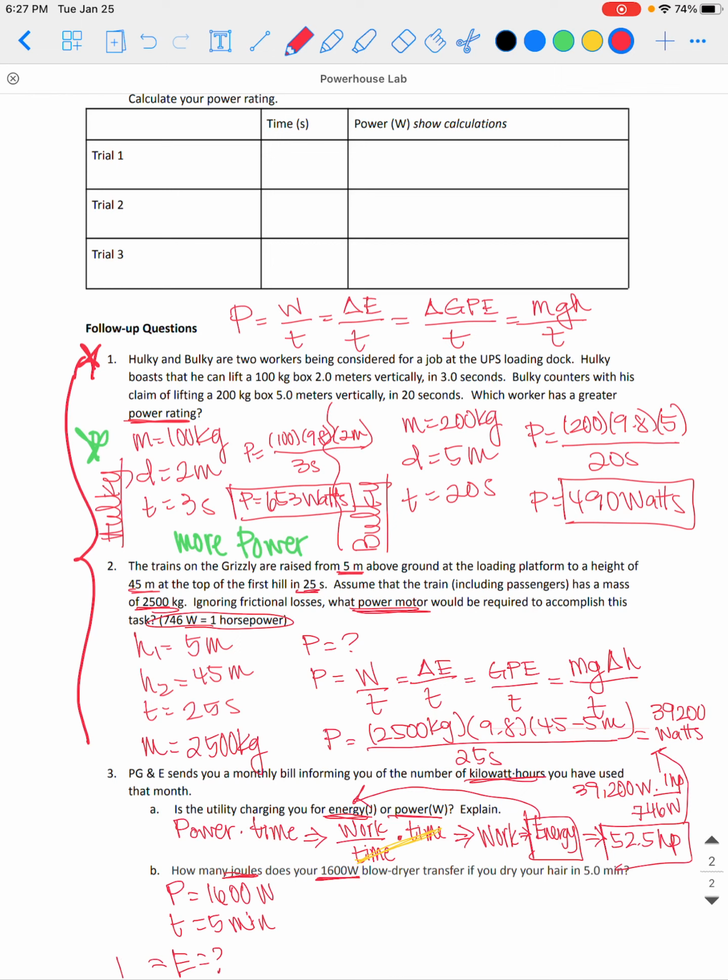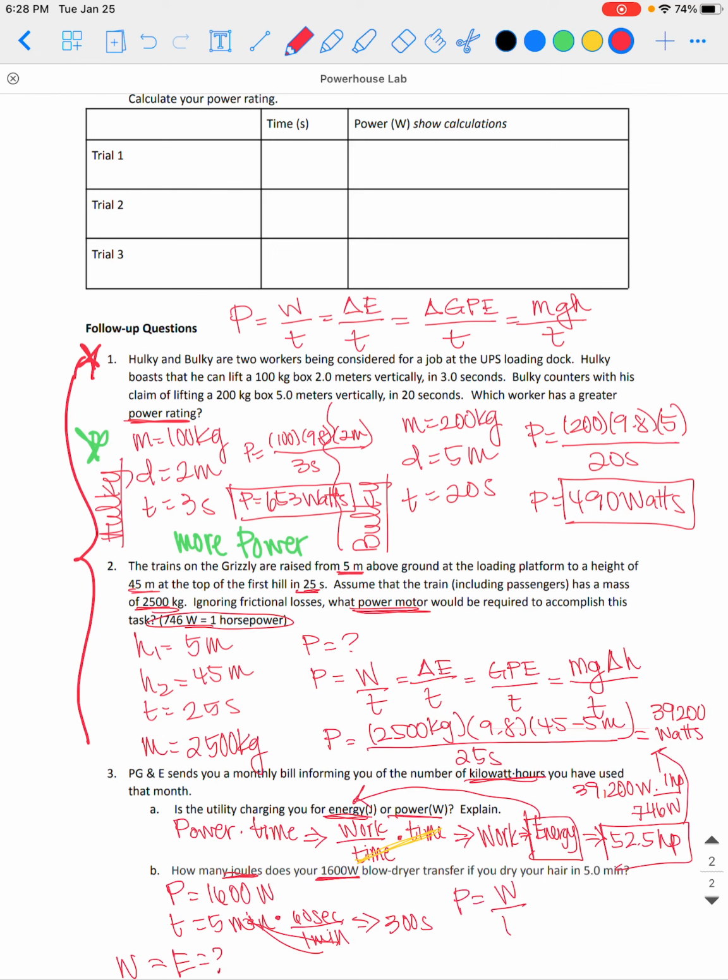So let's go ahead and convert this 5 minutes into seconds. Obviously 60 seconds is equal to 1 minute. The minutes cancel out, and you end up with 300 seconds. We're solving for energy or work, and we know that our power equals work over time.